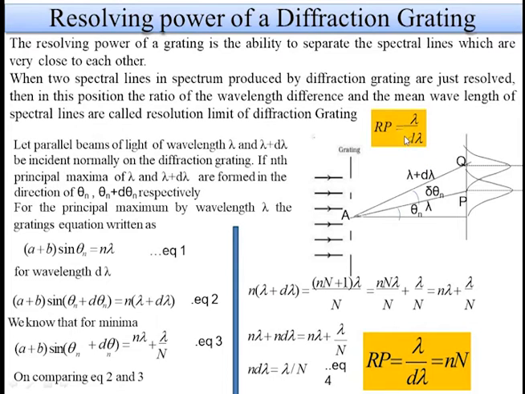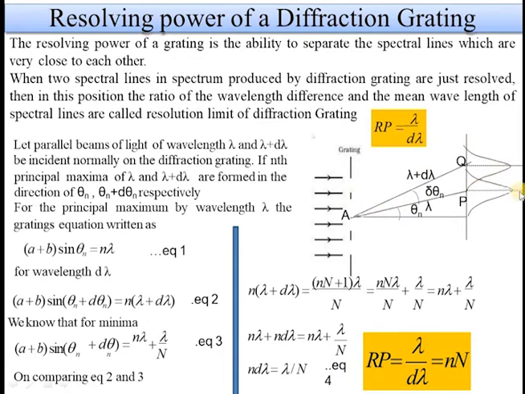Okay, so let us check what will be the resolving power of a diffraction grating. Let parallel beams of light of wavelength lambda and lambda plus delta lambda be incident normally on a diffraction grating. Here there is a grating, and the wavelengths lambda and lambda plus delta lambda are hitting the grating at normal incidence, or at 90 degrees.